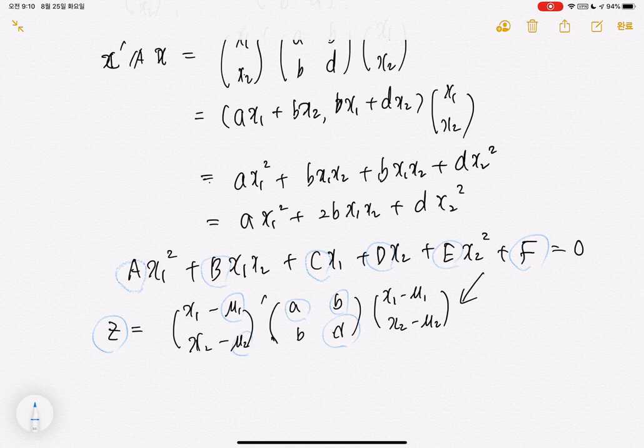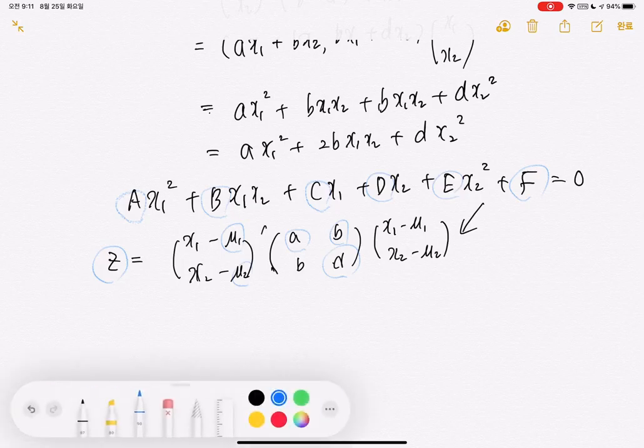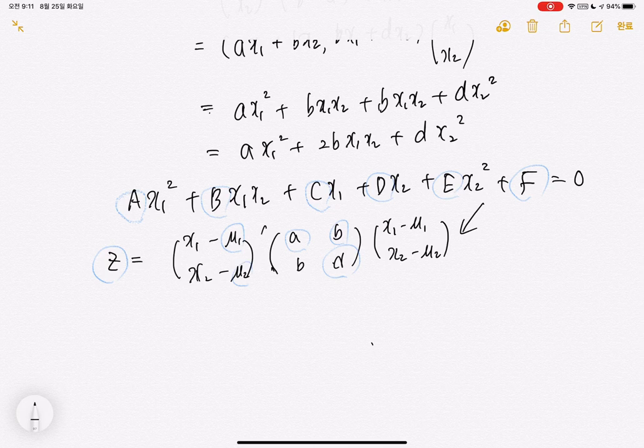So the task here is to find how they are related. That's up to you. The point here is this general bivariate quadratic equation can be transformed into a quadratic form. So quadratic form in a matrix is a matrix representation of a quadratic equation.